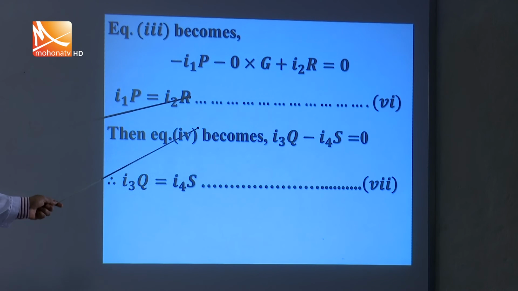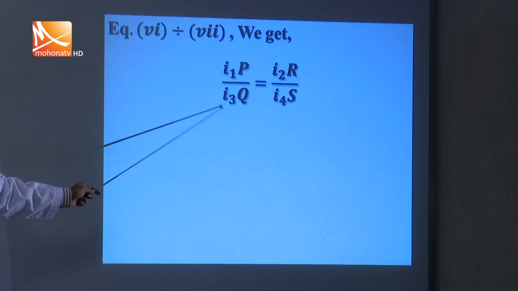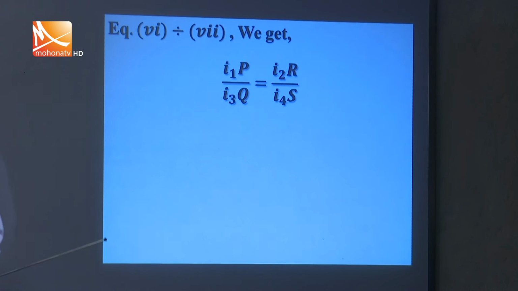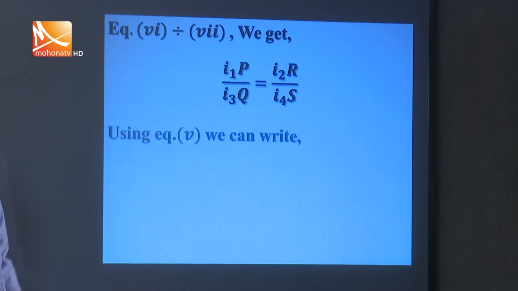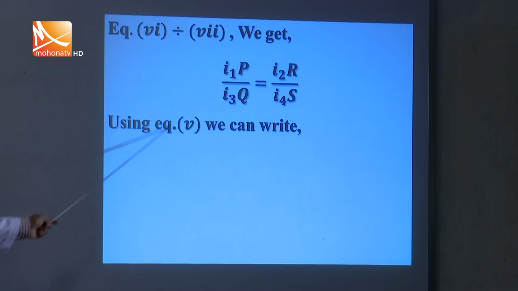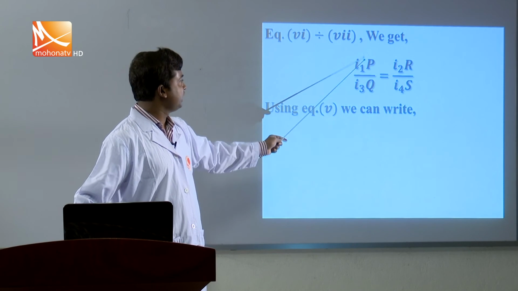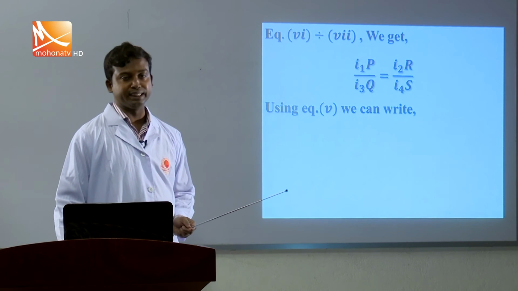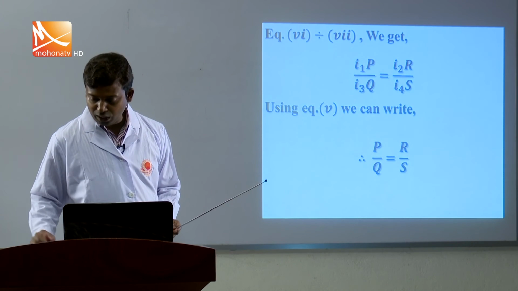Now, dividing equation 6 by equation 7, we will get I1P by I3Q equals I2R by I4S. But equation 5 basically says I1 equals I3 and I2 equals I4. So, I1 and I3 will be cancelled. Similarly, I2 and I4 will be cancelled. Therefore, you can write the equation P by Q equals R by S.